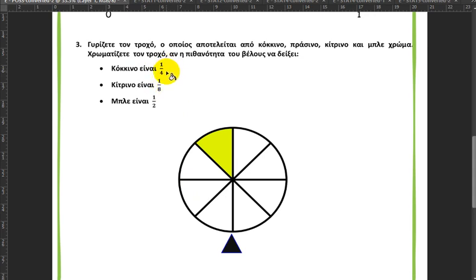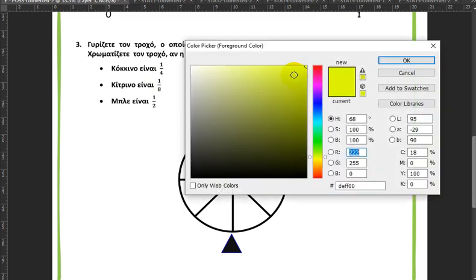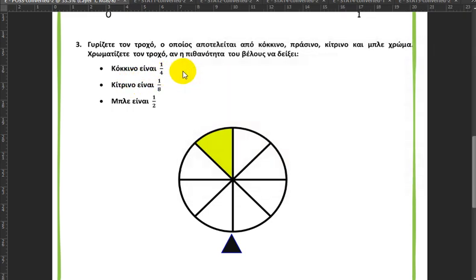One-fourth, if you convert that to an equivalent that has a denominator of 8, what you would get is 2/8. That is the equivalent of 1/4. So that means that 2 out of the pieces need to be red.